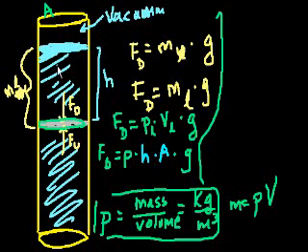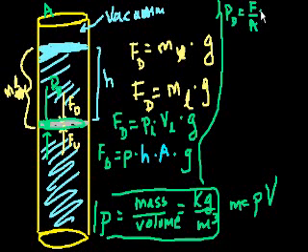So the pressure coming down, so that's P sub D. Almost sounds like a rapper's name. P sub D, the downward pressure at that point, is going to be equal to, and keep in mind, that's going to be the same thing as the upward pressure, right? Because the upward force is the same, and the area, when you're going upwards or downwards, is going to be the same thing. So the downward pressure is going to be equal to the downward force divided by area, which is going to be equal to this expression divided by area.